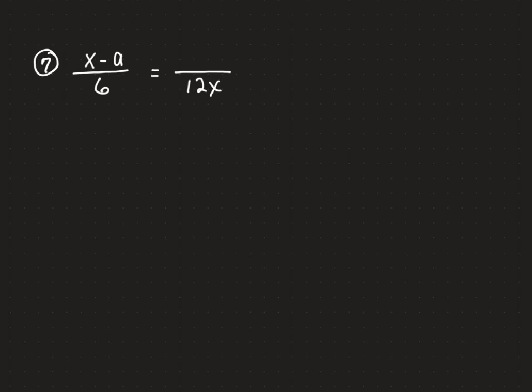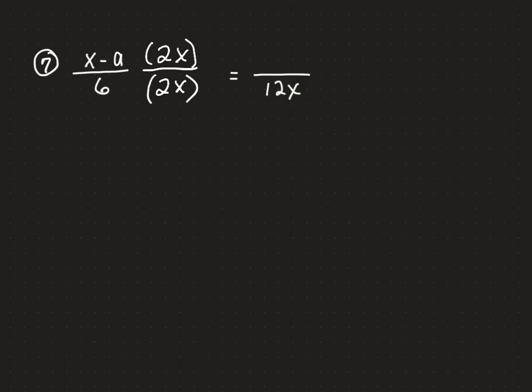Anyways, what do we have to do to turn 6 into 12x in the denominator? Well, when I say what do we need to do, I'm talking about multiplying by something. What do we need to multiply by? Well, we need to multiply by 2x. But if we're going to multiply the denominator by 2x, we must multiply the numerator of our fraction by 2x also, because then we're just multiplying by 1.